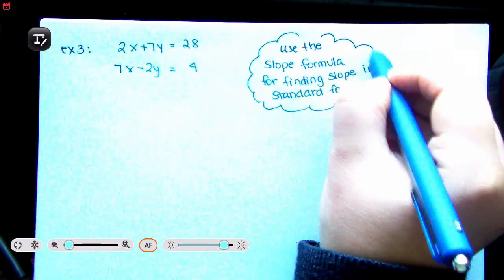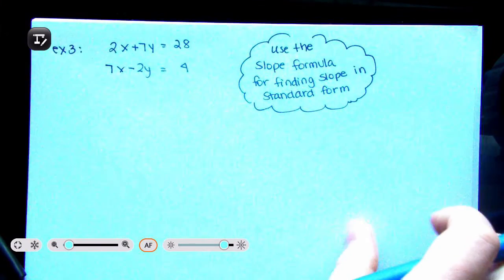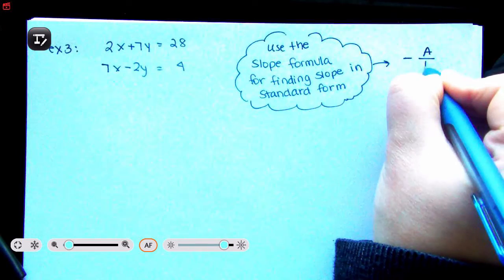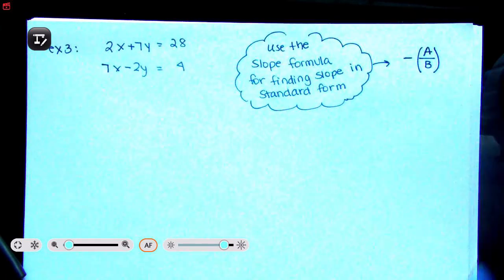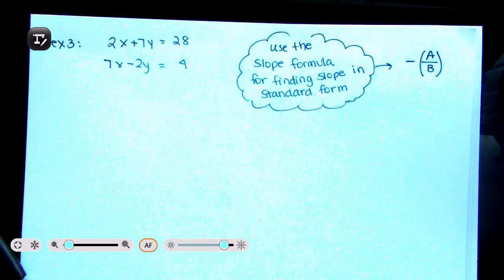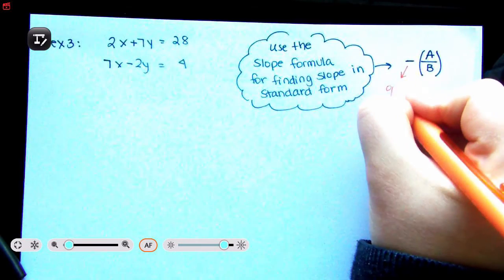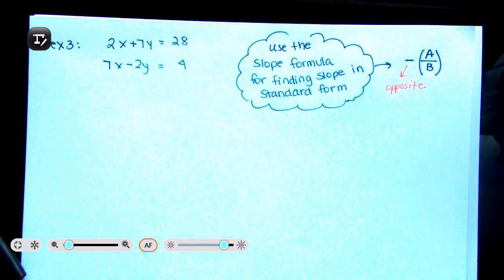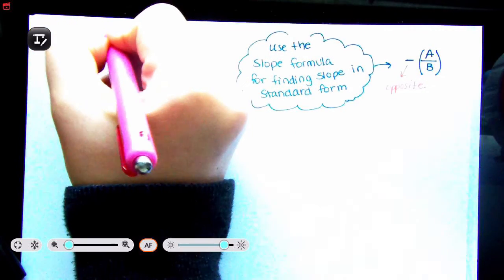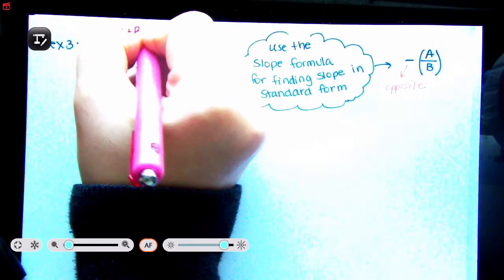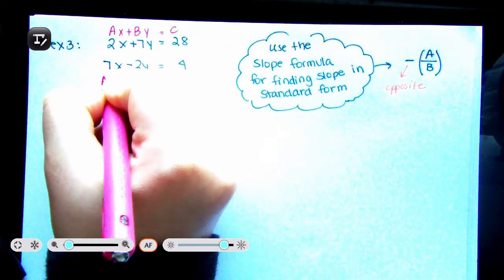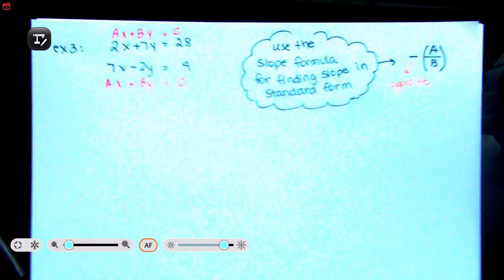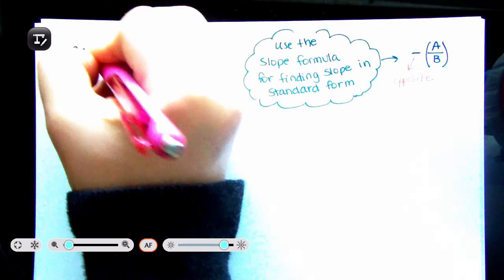It's the slope formula for finding slope in standard form. So what that means is I'm going to do the opposite of A over B. Not negative, opposite. Okay, so what I'm going to do is I'm going to write AX plus BY equals C. And I'm going to label this A and label this B.